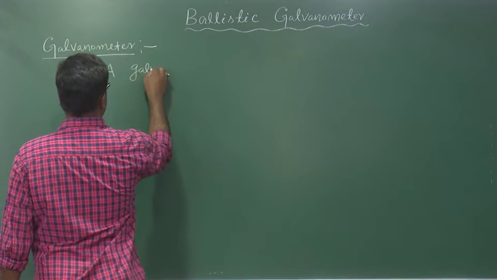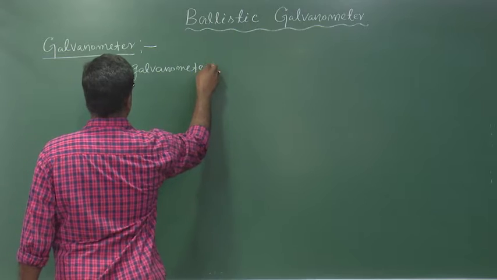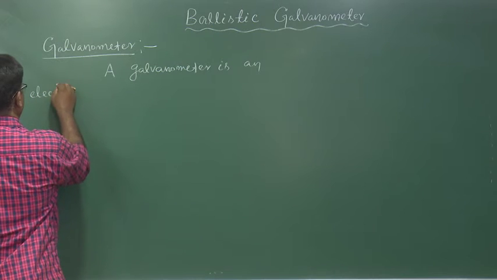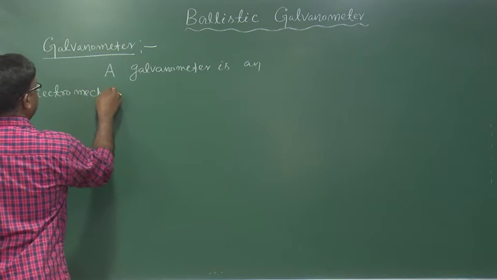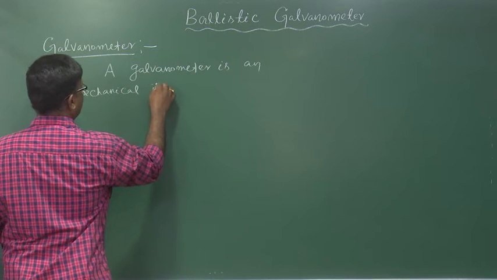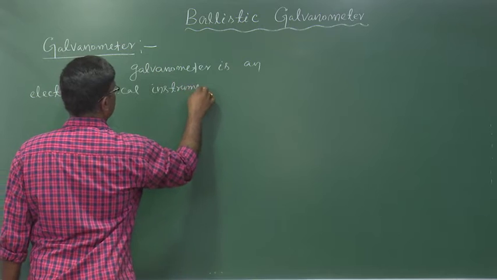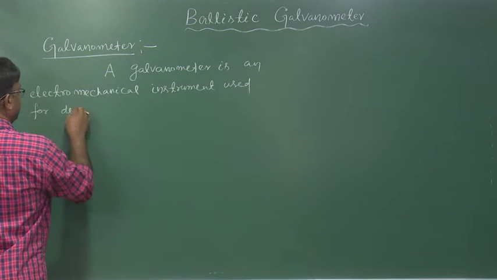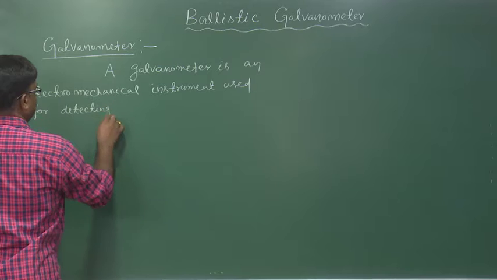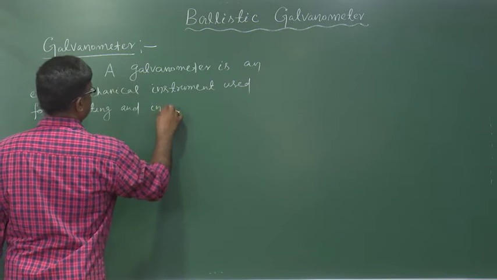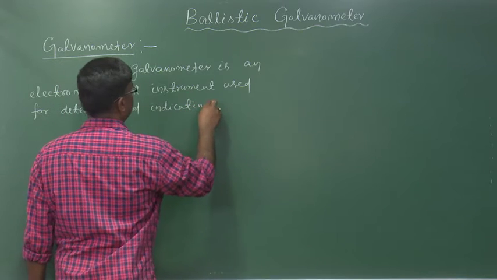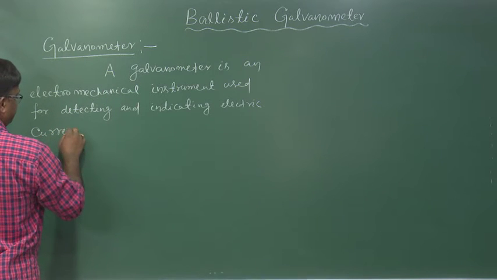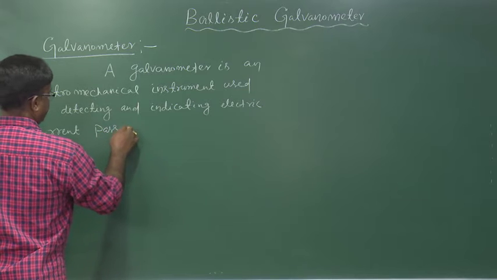A galvanometer is an electromechanical instrument used for detecting and indicating electric current passing through it.